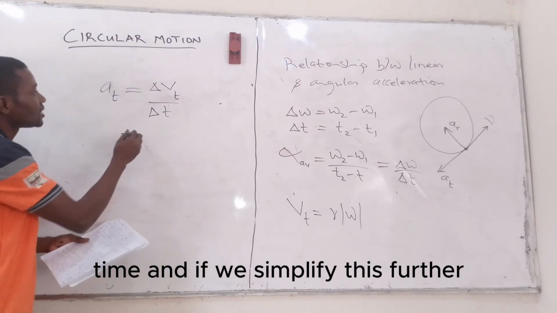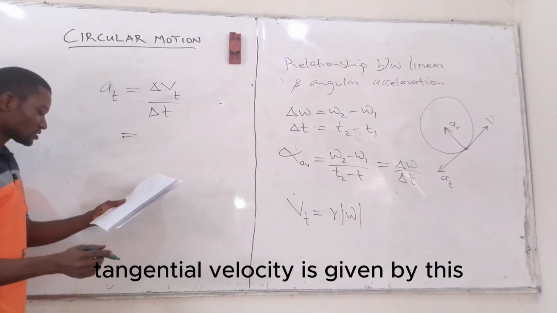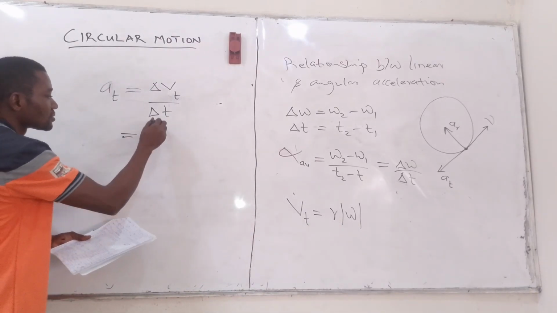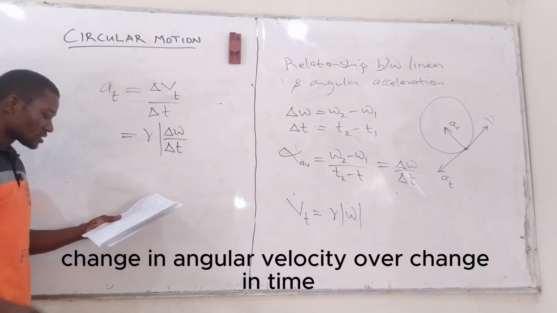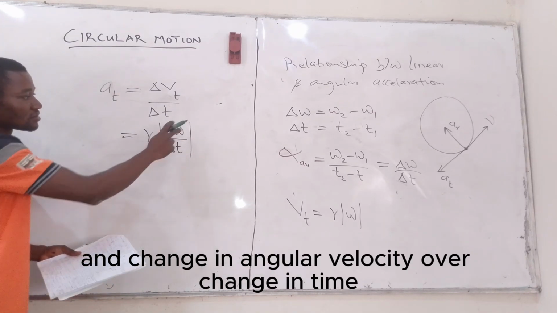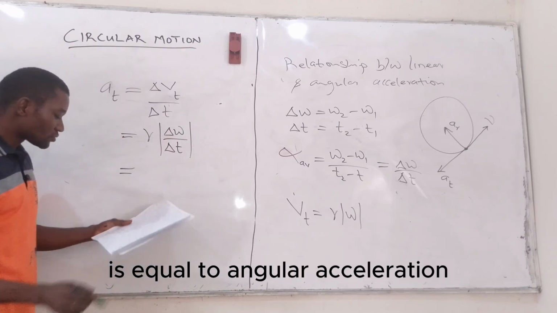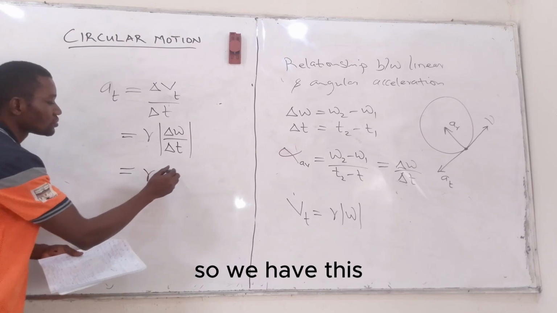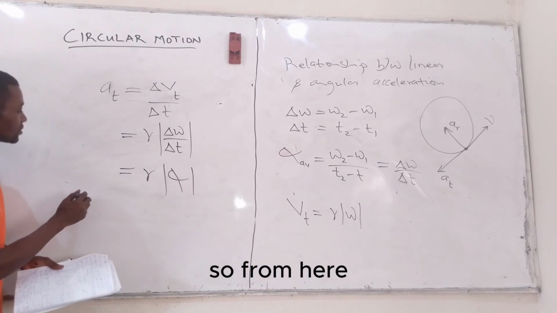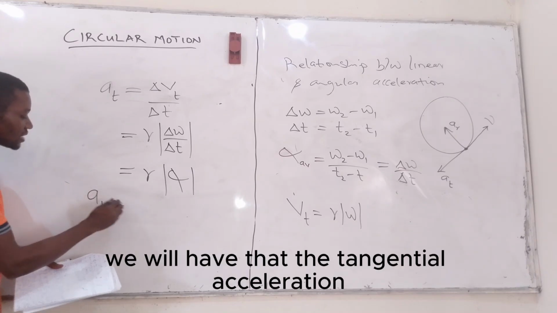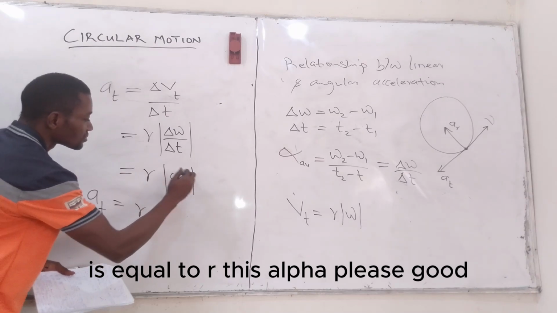And if we simplify this further, knowing that change in tangential velocity is given by this, we will have r times change in angular velocity over change in time. And change in angular velocity over change in time is equal to angular acceleration. So we'll have that the tangential acceleration is equal to r alpha.